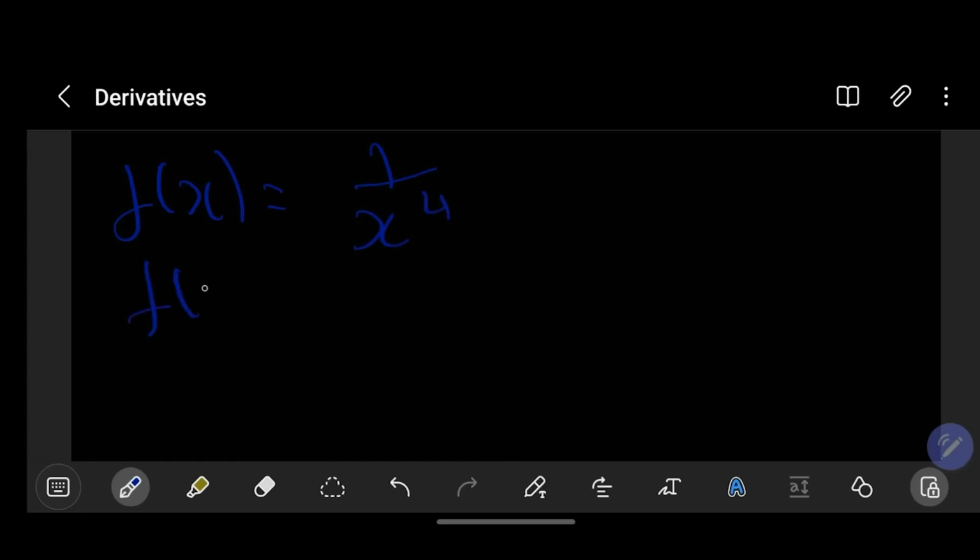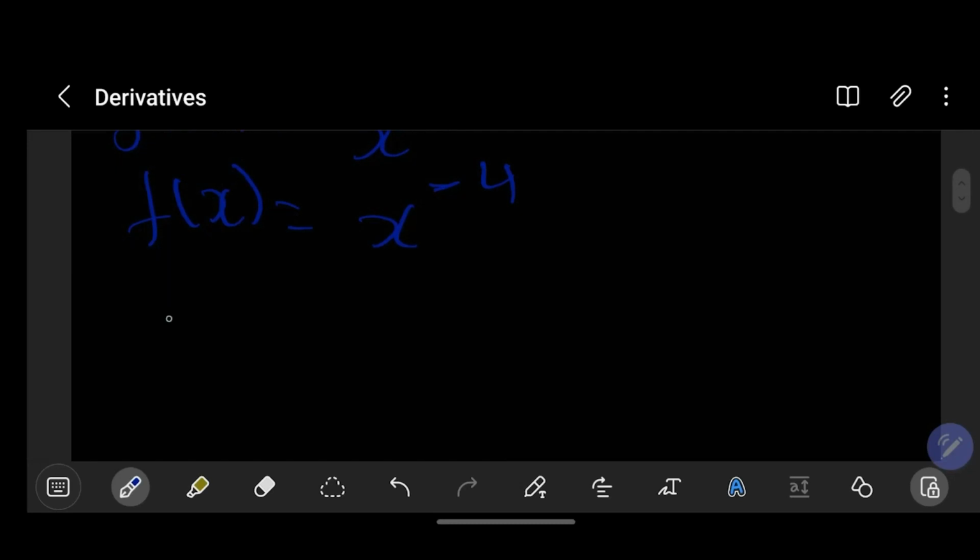We can rewrite f of x as x raised to the minus 4. So we now need to find the derivative of x to the minus 4. So d dx is equal to, power rule here, a rule we can recognize.